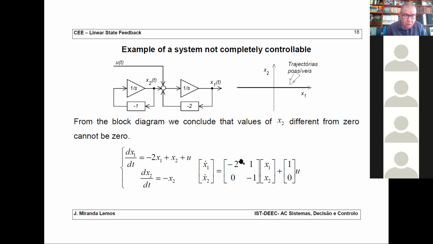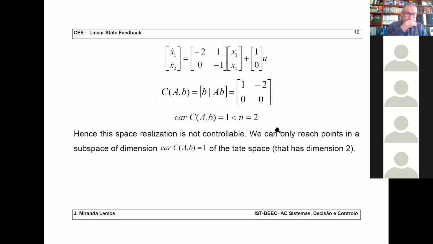I'm not going to do it here, but you should be able to write these equations from the block diagram. And now build. Now the dimension of the state is 2, so the controllability matrix is B and AB. So B is 1, 0, and AB is just multiply A by B, and you get minus 2, 0.